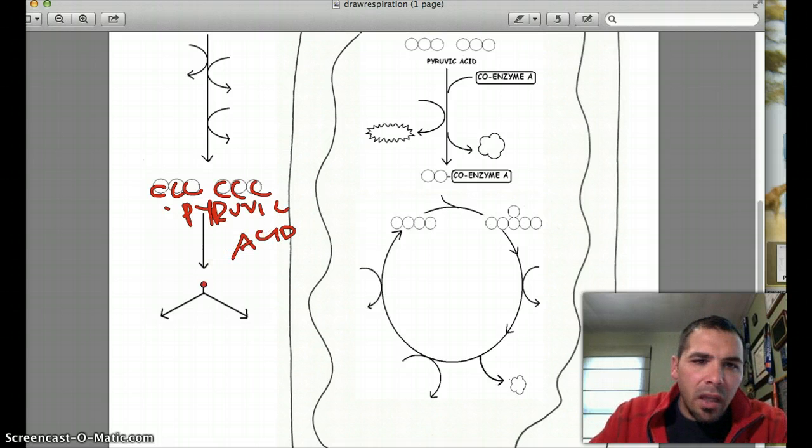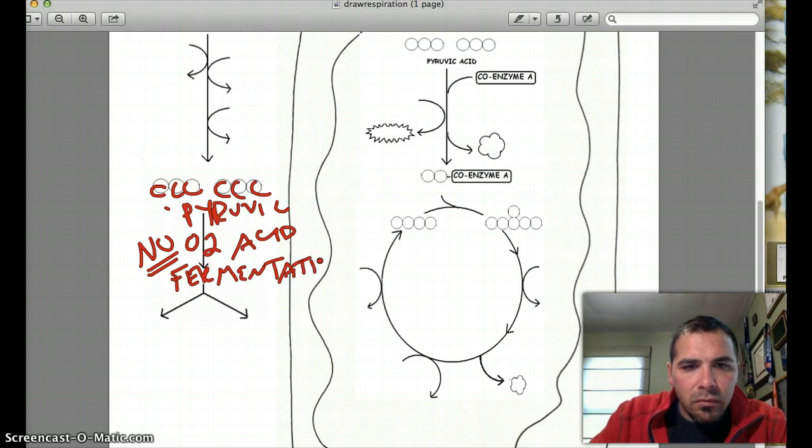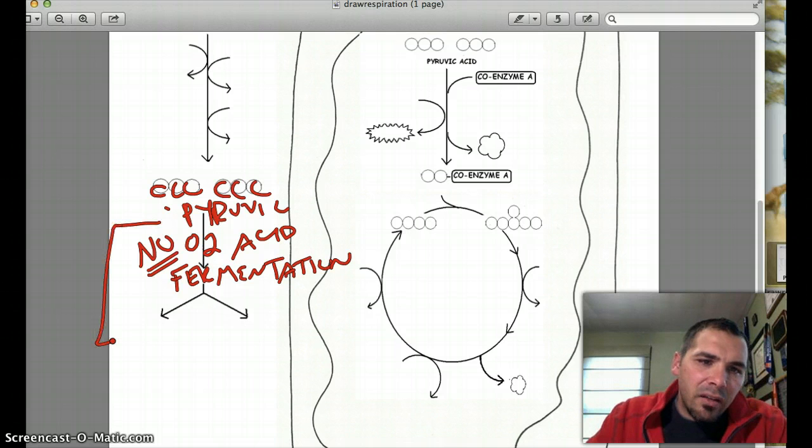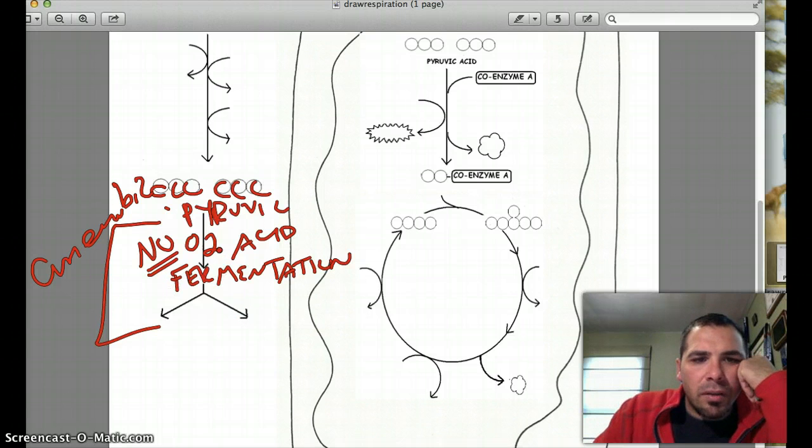All right, if there is no oxygen, we call this process fermentation. Fermentation is anaerobic. Depending on the organism, and again, this is something we'll have to talk about in class, there's no oxygen, no O2, we've got pyruvic acid, fermentation has to occur.